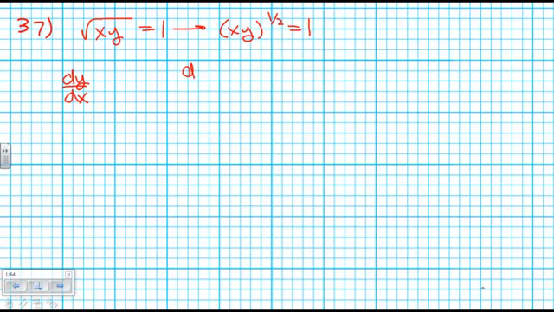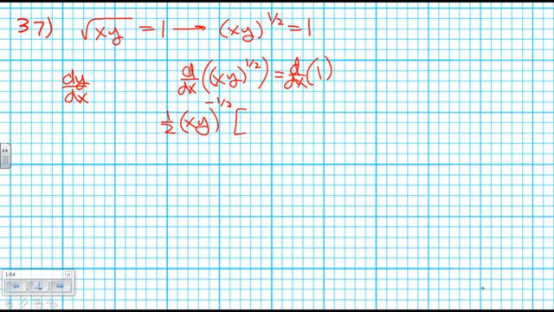I'm going to take the derivative with respect to x of (xy)^(1/2). Of course, whatever I do to one side of the equation, I need to do to the other. The overarching rule that we're going to be using for this part is the power rule. So bring the power down, leave the inside the same, reduce the power by 1, and then multiply that by the derivative of the inside.